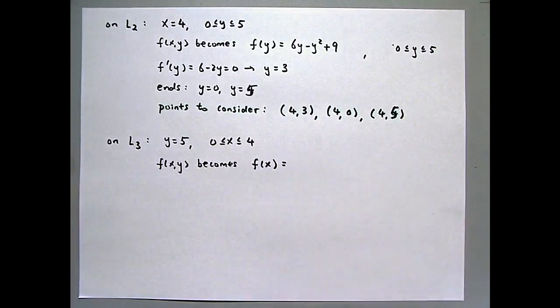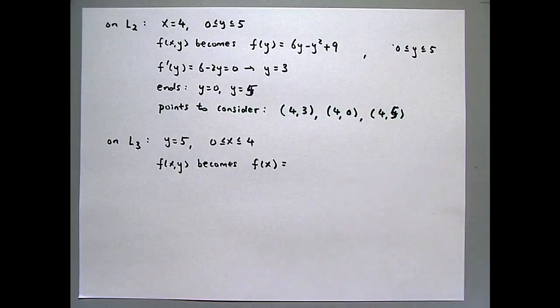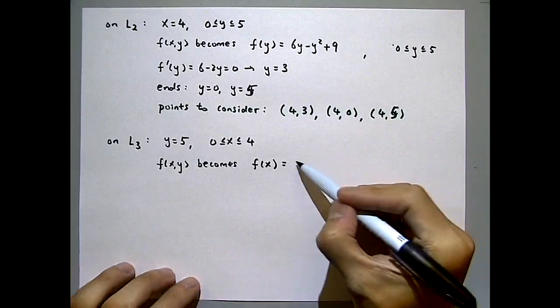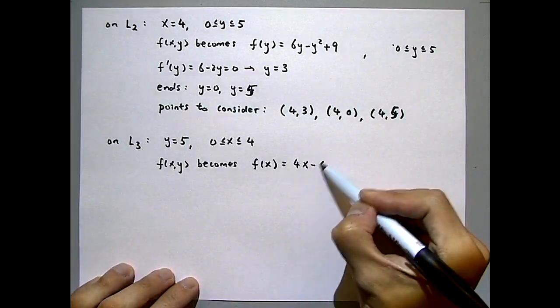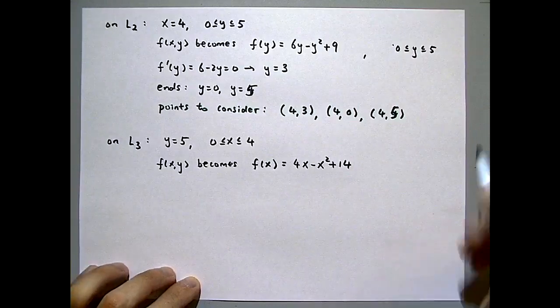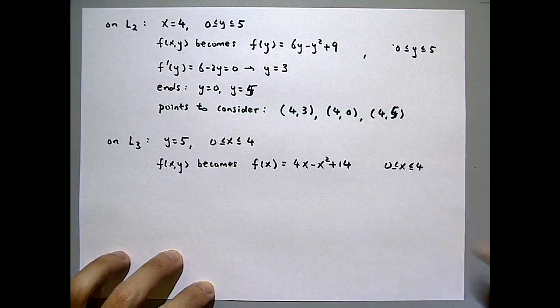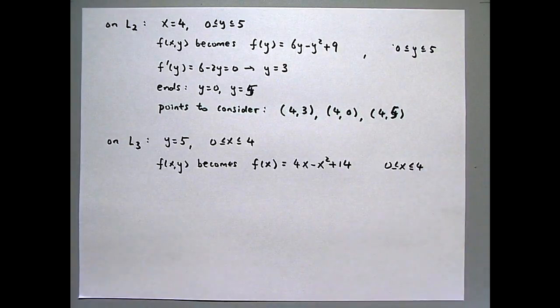So the 2-variable function with y at a constant 5, x allowed to vary, reduces to 4x minus x squared plus 14. So we're back to a 1-variable calculus problem one more time, right?